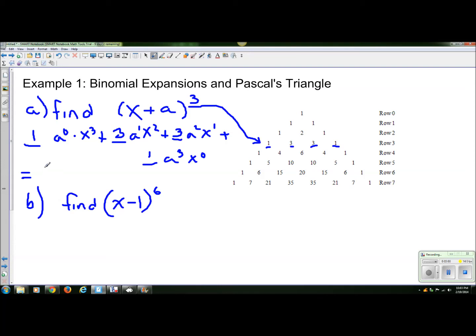So that's just going to give us x cubed, plus 3, a to the first power is a, x squared, plus 3a squared x, plus a cubed.